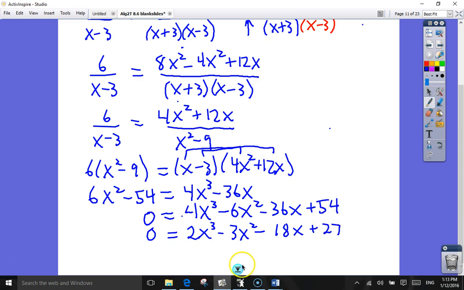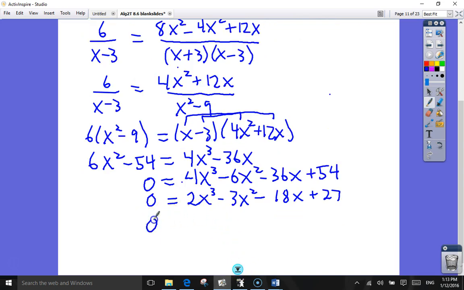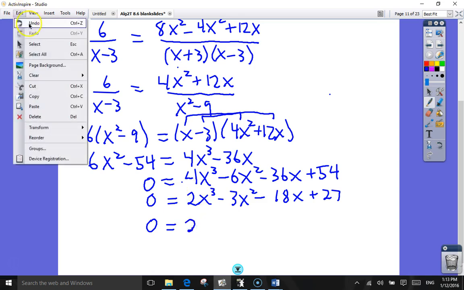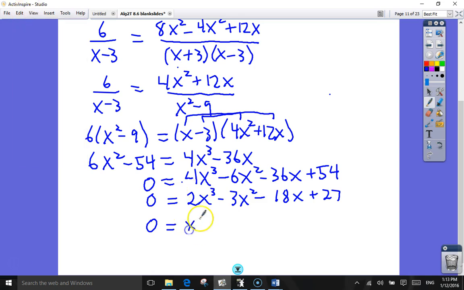Okay, then we'd have to group. 0 equals x times 2x minus 3, and it'll be minus 9 times 2x minus 3.